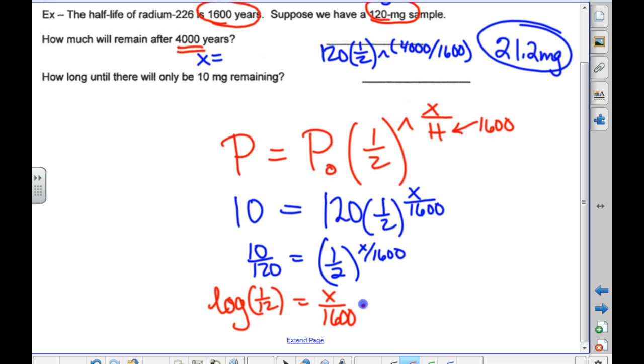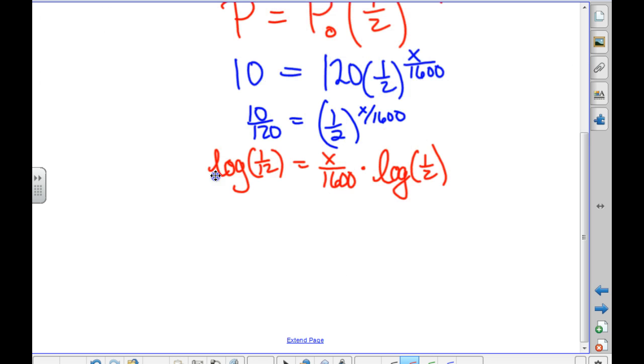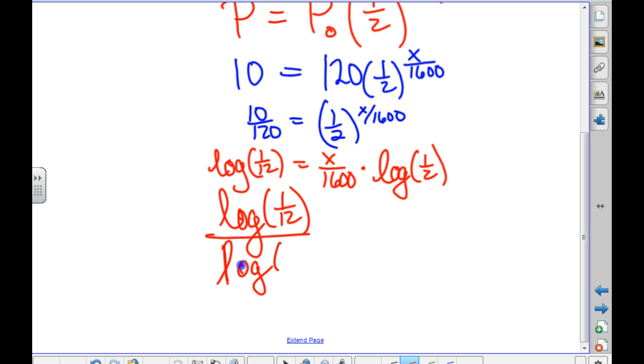Now, can we just cancel the log of 1/2 this time, like we've been doing with natural log of e? No, we have to divide it over there. So we're gonna do log of 1/12 divided by log of 1/2. And then we'll have to multiply by 1,600.